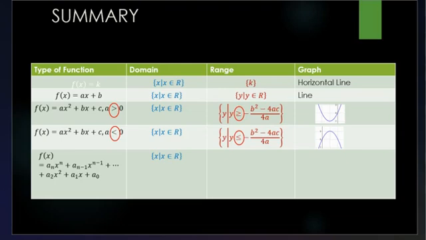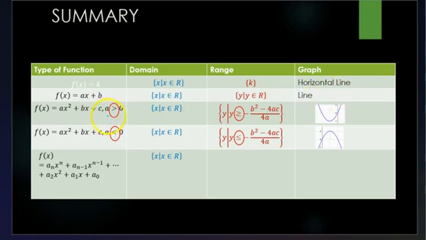So here is the summary of the different functions we discussed. You have your constant, y equals k, or f of x equals k. The graph is a horizontal line. Then you have your linear, where the domain and range are all real numbers, and the graph is a line with a positive or a negative slope.